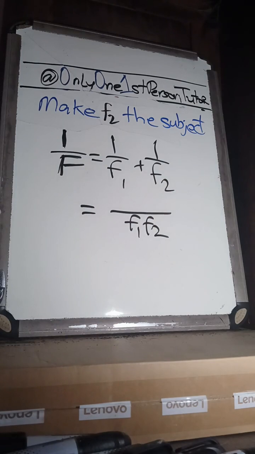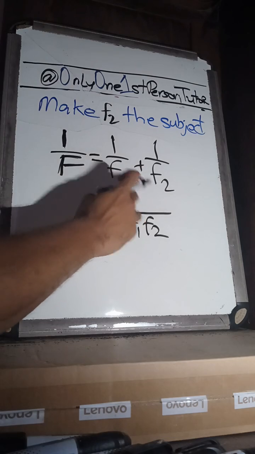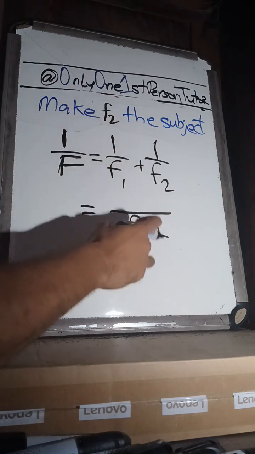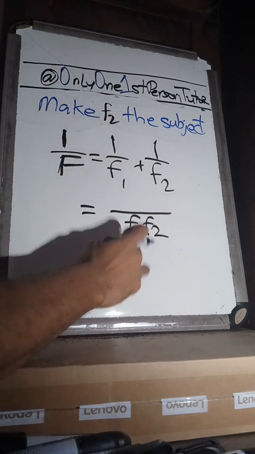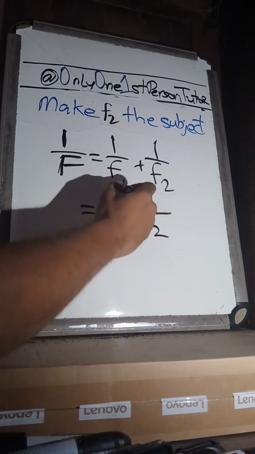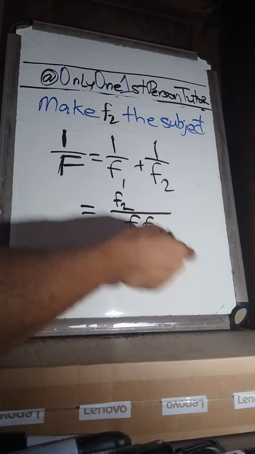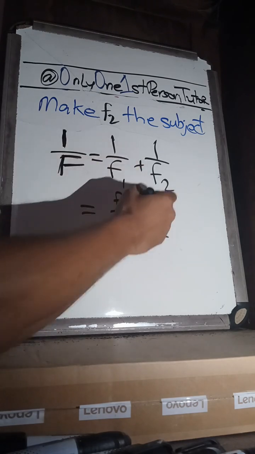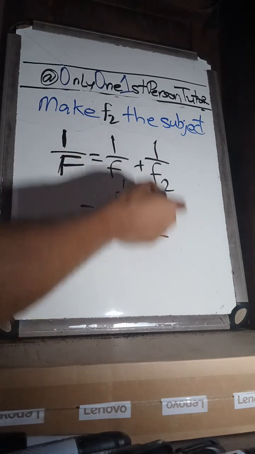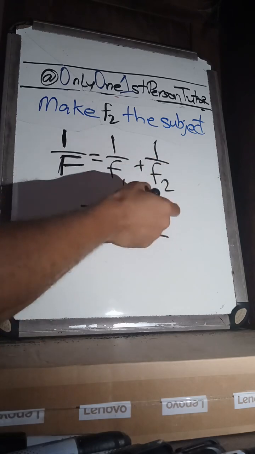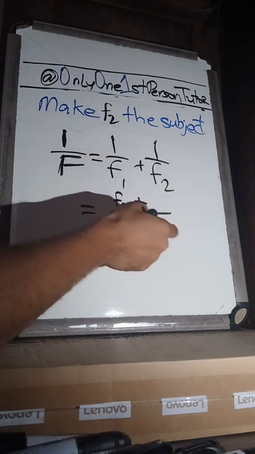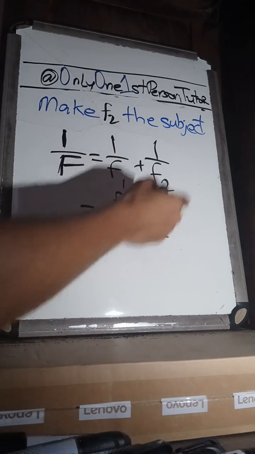Now, if I want to get 1 up here on that side, then this side would have to be F2. F2 over F2 would be 1 over the F1. And then same thing here. If I want just the F2 down here, F1 over F1, right?